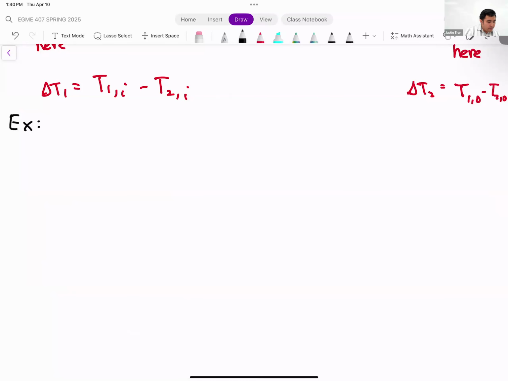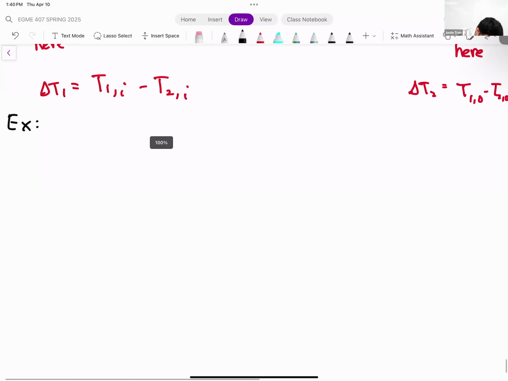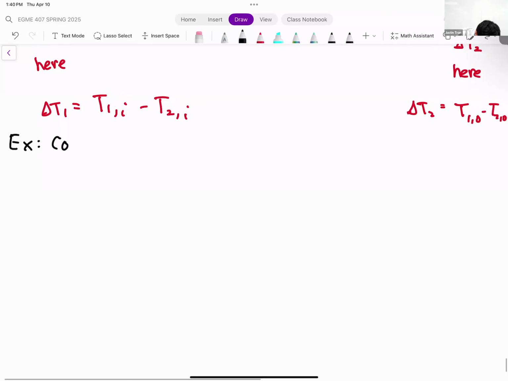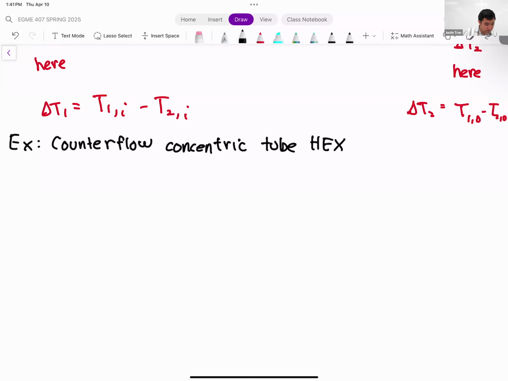Okay, so let's say that we have a counterflow heat exchanger, and we have the exchange of heat between motor oil and water.